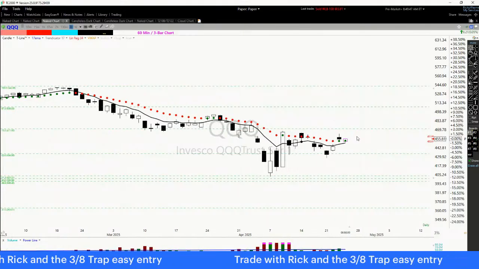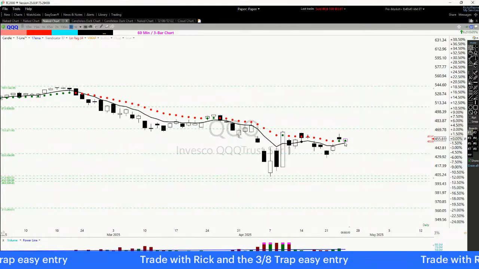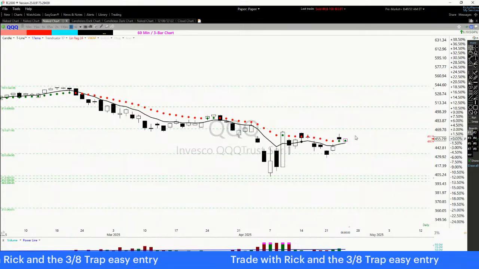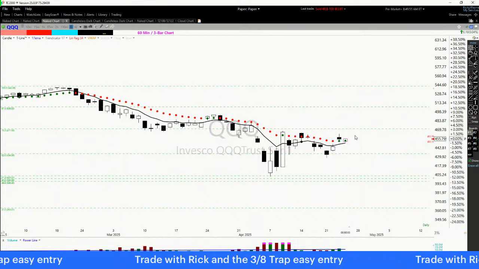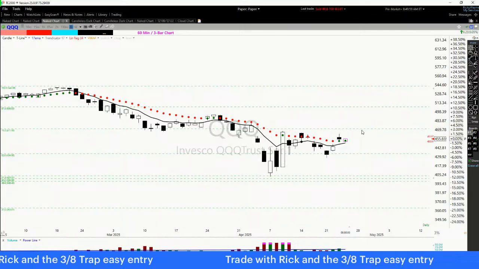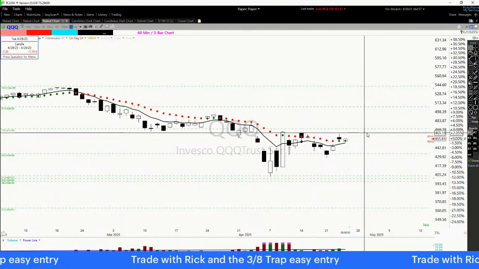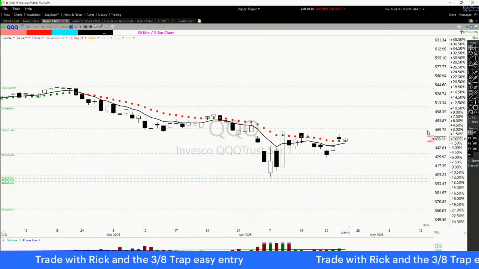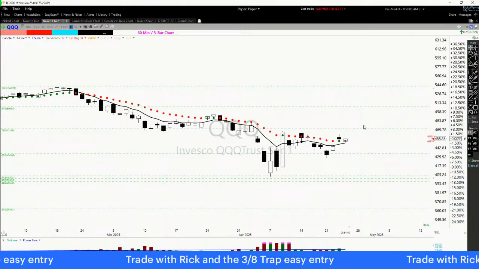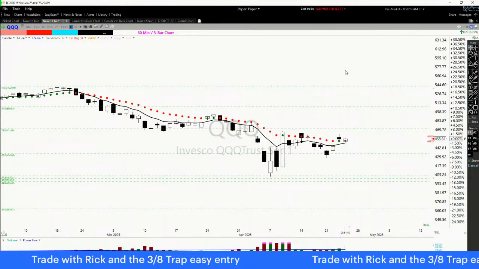And the truth is, there's so much tech in SPY nowadays that the Qs and SPY kind of run together. Sometimes you don't know when you're in one and out of the other. But right now it's looking good. It needs to get through that 470 area up here. Needs to get over this big candle before the bulls can really take off.